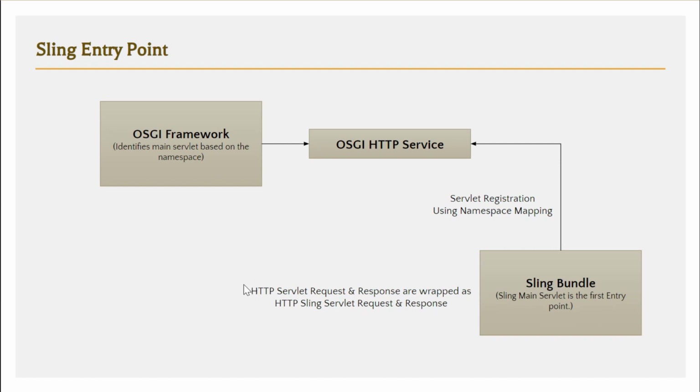All those input details will be present as part of the HTTP servlet request object, and it will also create the servlet response object for the response to be set. These two objects will be passed on to the Sling main servlet, which is the first entry point into the Sling framework. So this is the second thing.